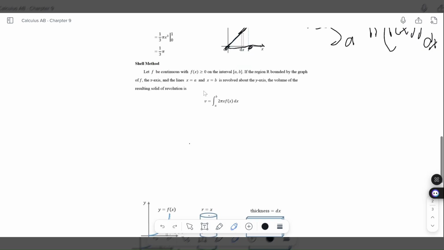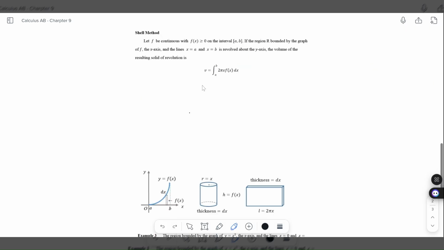Now we have the shell method. Let f be continuous with f of x greater than or equal to 0 on the interval a to b. If the region R bounded by the graph of f, the x-axis, and the lines x equals a and x equals b is revolved about the y-axis, the volume of the resulting solid of revolution is volume equals integral a to b 2 pi x f of x dx.